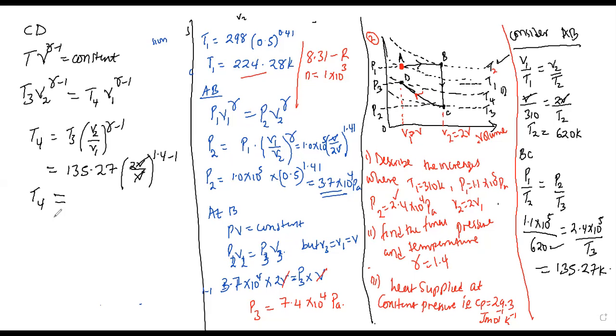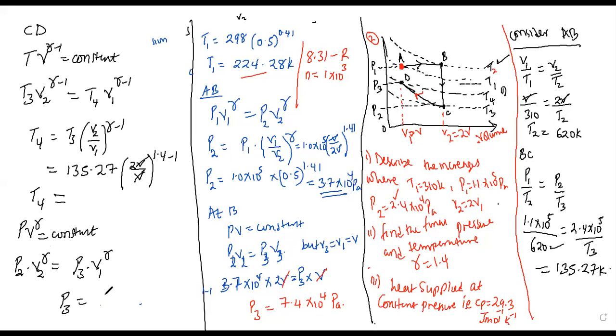Then we can also find pressure P3 using P V gamma is equal to a constant, whereby you would come from P2 times V2 power gamma is equal to P3 times V1 power gamma.